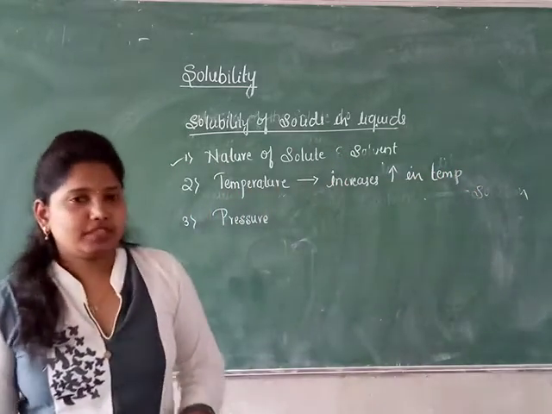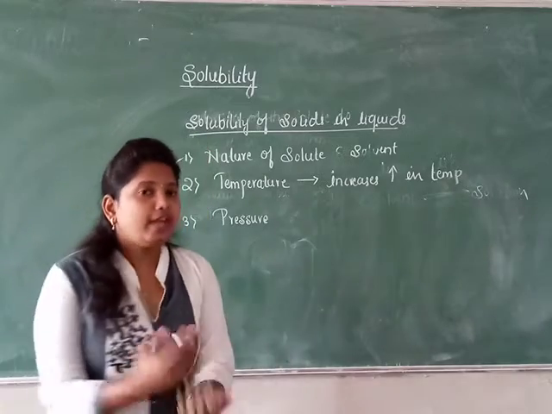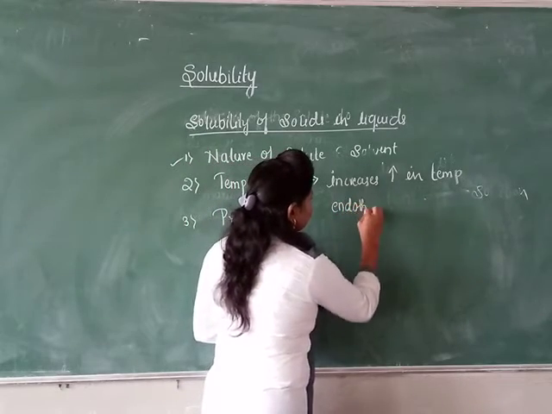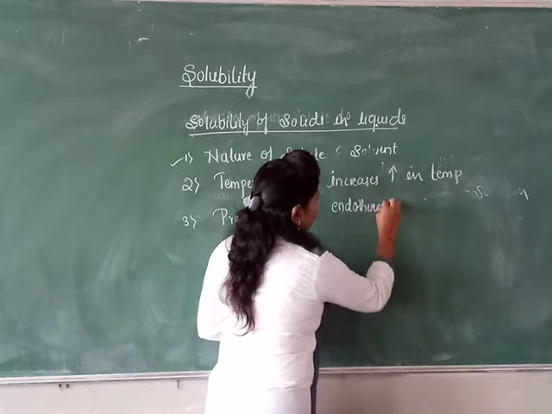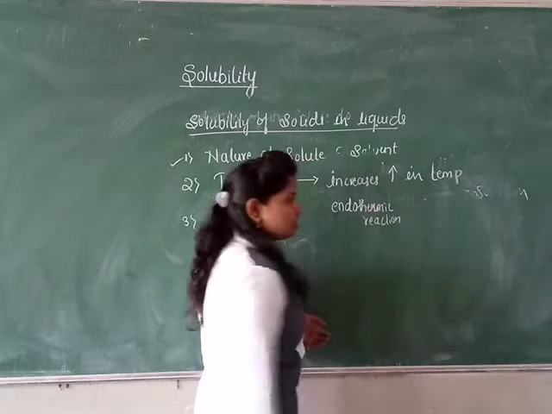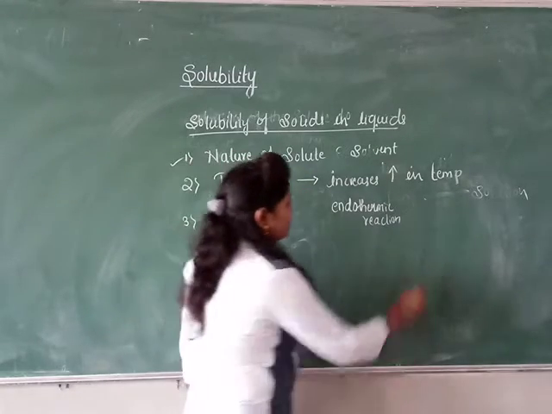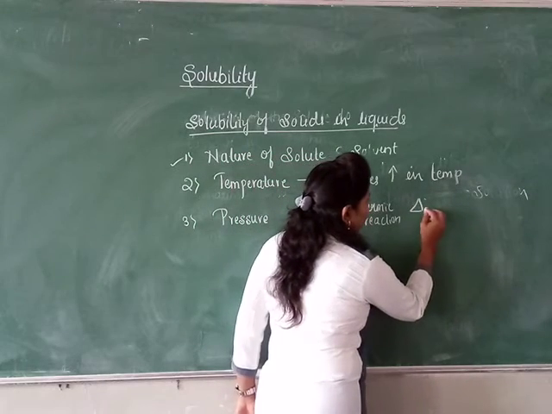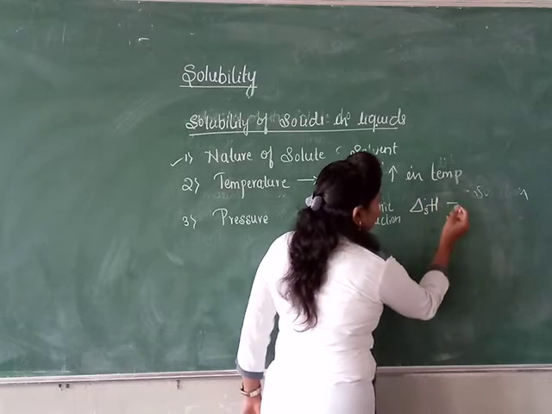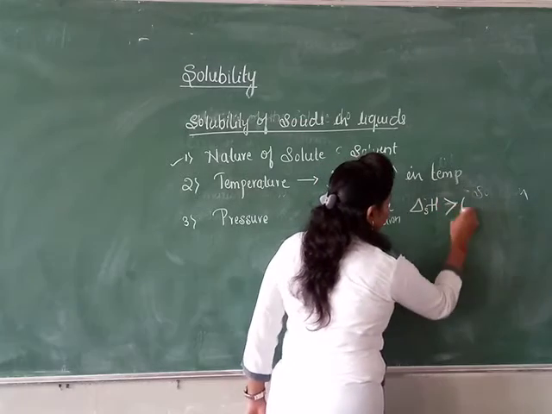If the given chemical reaction is endothermic, then delta H is always greater than 0.